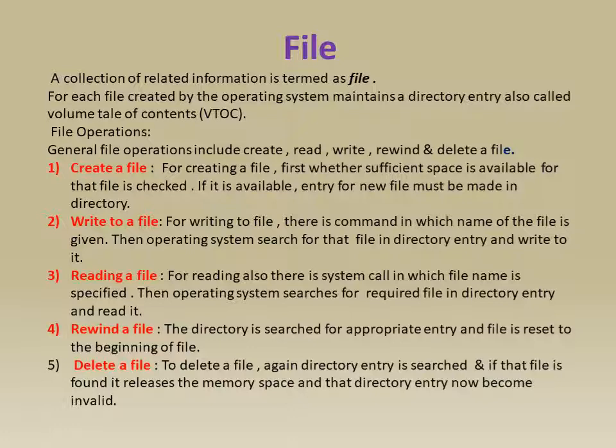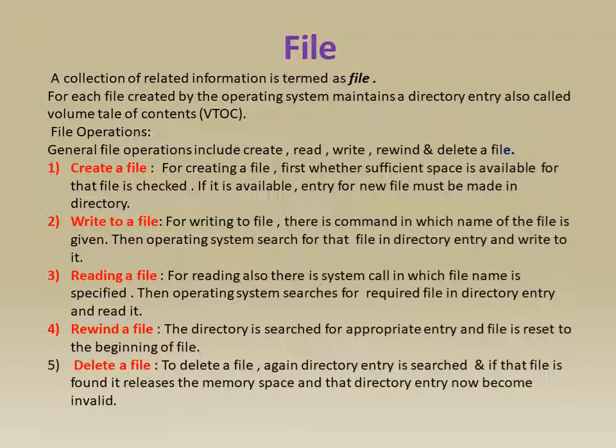First operation, create a file. For creating a file, first it is checked whether sufficient space is available for that file. If it is available, an entry for the new file must be made in a directory. So to create the file, first we have to check whether the space is available or not; if it is, we create the file and make an entry in a directory.